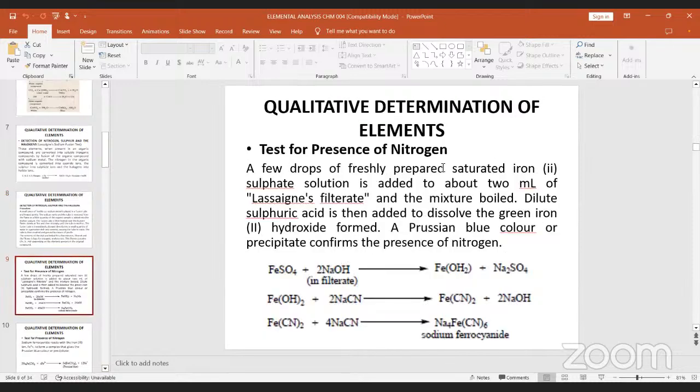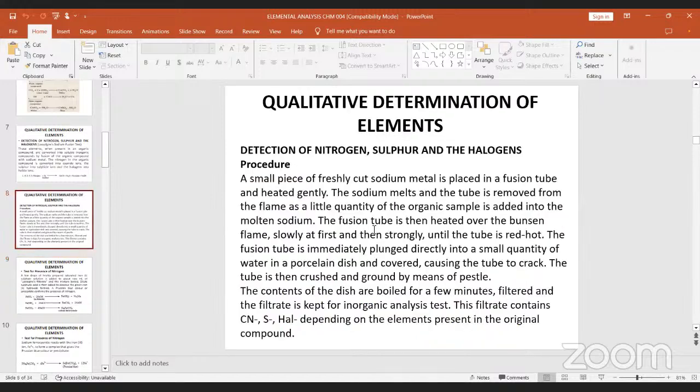So to now test for the presence of nitrogen, a few drops of iron 2 sulfate is added to about 2 ml of the Lassaigne filtrate. The Lassaigne filtrate you get because what you have fused together is now crushed.